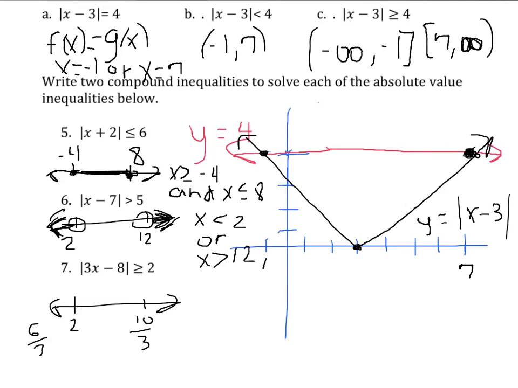So that's going to be closed circles at 2 and at 3 1/3, but greater than is going to be to the outside of those numbers. So the two compound inequalities would be x is less than or equal to 2, or x is greater than or equal to 10 thirds.